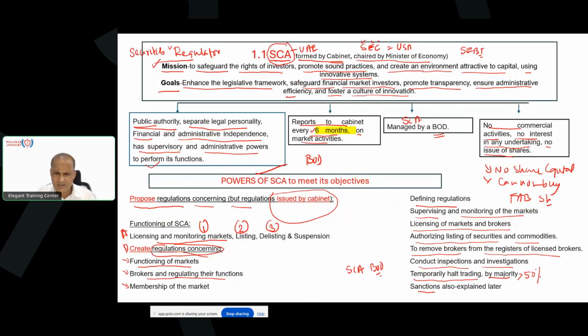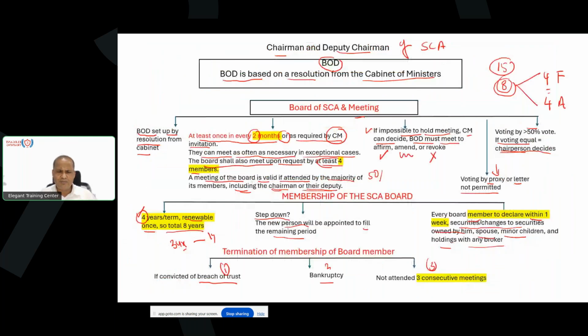So, breach of trust, bankruptcy, and not attending 3 meetings consecutively. These are the grounds for termination of membership. So the SCA board member termination is the same, meaning market and SCA are the same. Clear?